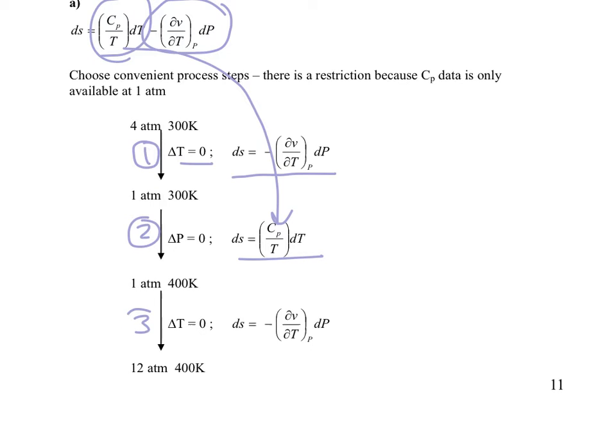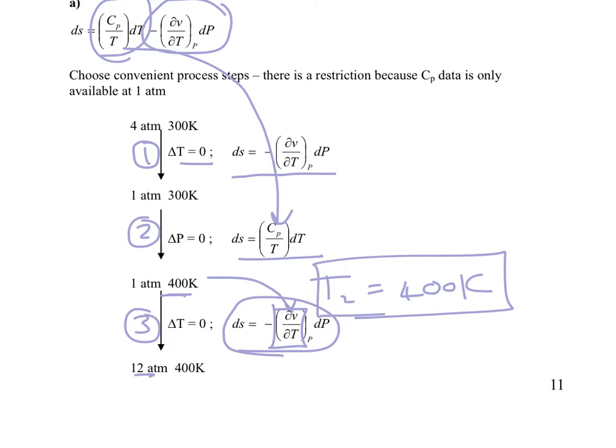And then finally, we can calculate what happens to the entropy if I change the pressure to my 12 atmospheres, but now whenever I have to substitute the temperature in whichever equation results from this slope, remember that it should be at temperature 2, where I am currently when I evaluate that portion of the path.